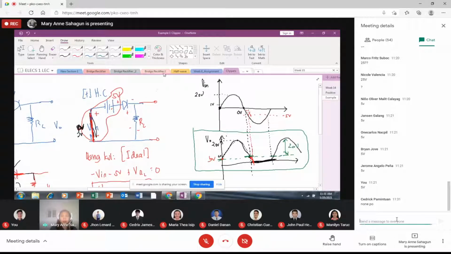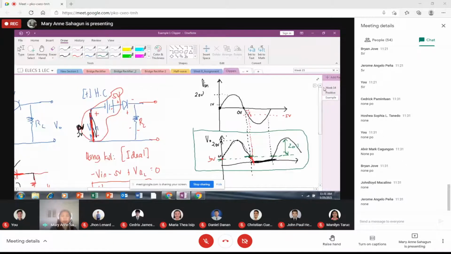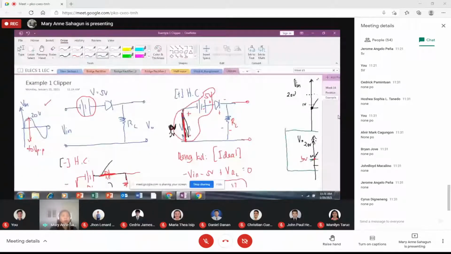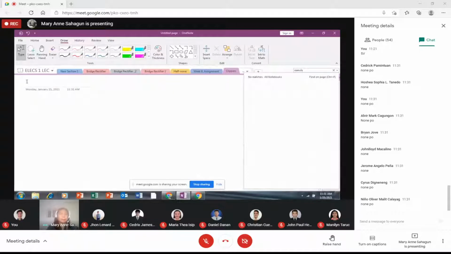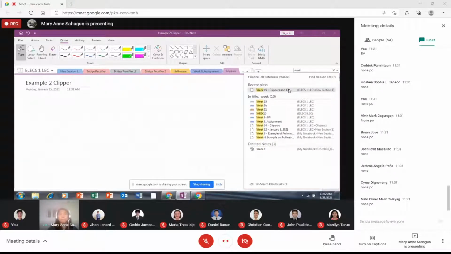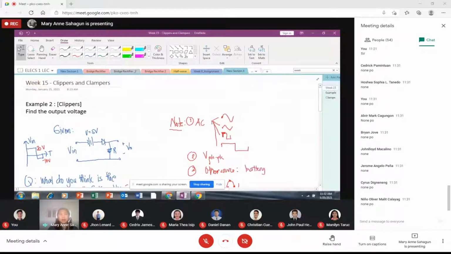Okay, we will now proceed with the next example. Let me call this one as example number 2. With example number 2 that we have, we will be solving this one.